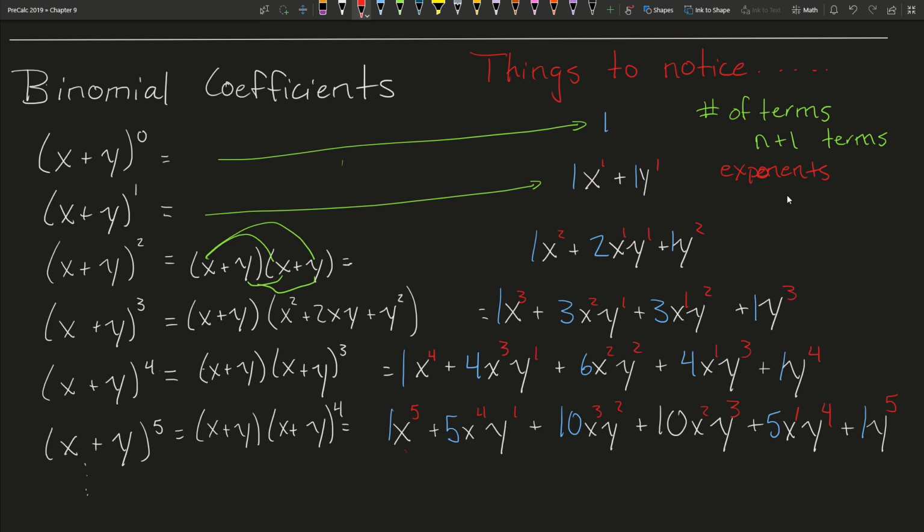You can see that probably the most in this x plus y to the fifth: x to the fifth, x to the fourth, x cubed, x squared, x to the first. And really, if we wanted to, we could add an x to the 0 on the right. So they go down for the x's, and then up for the y's.